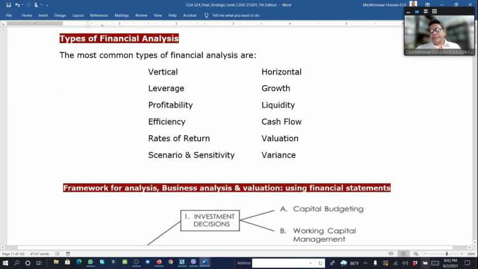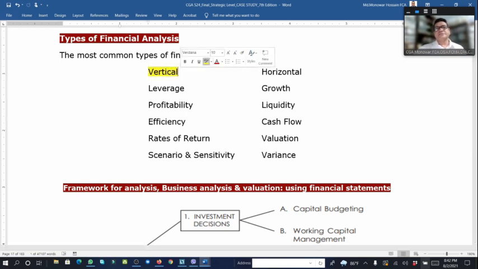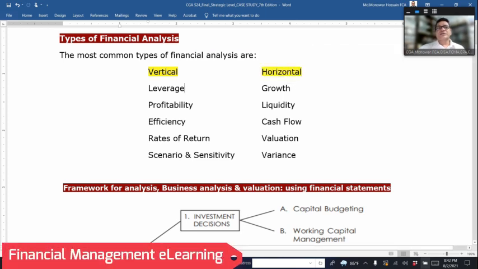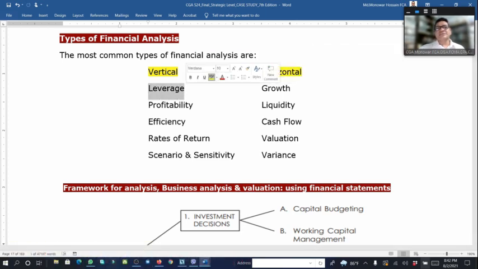So financial analysis is another vital part of our case study. So how will we analyze? It is the different types of financial statement analysis. We did it at our different levels. There are some vertical analysis, some horizontal analysis, some leverage ratio analysis.